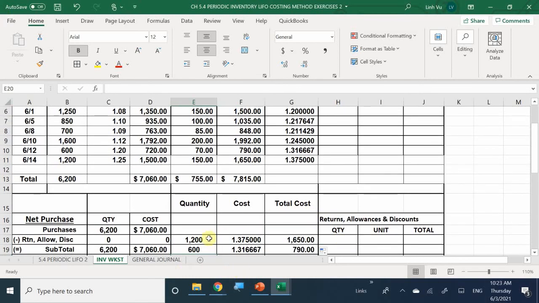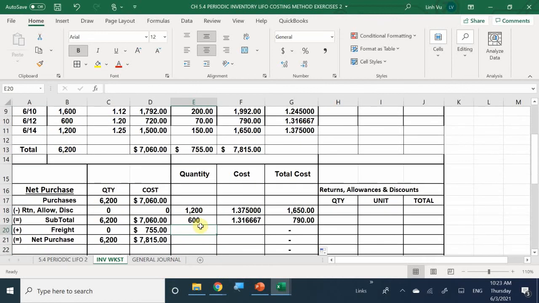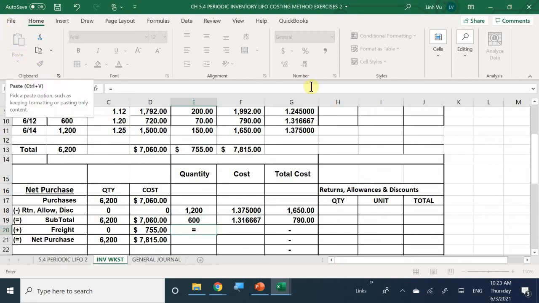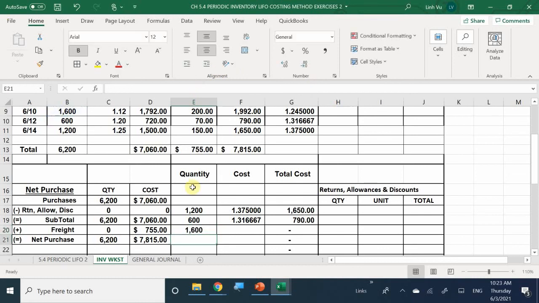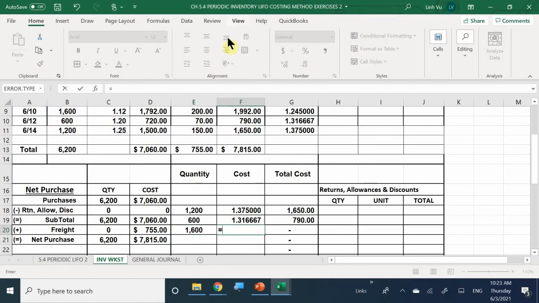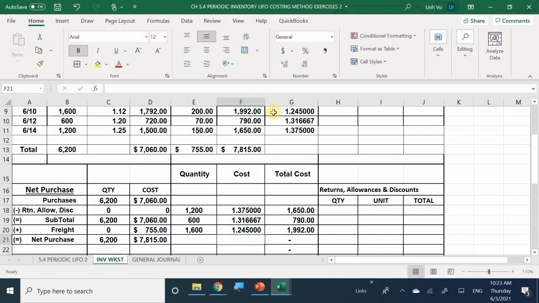What's the next batch that we're going to sell? It'd be the 1600 at 1.245. Good. Since we're taking the whole batch anyways, it's still going to end up with 1992.